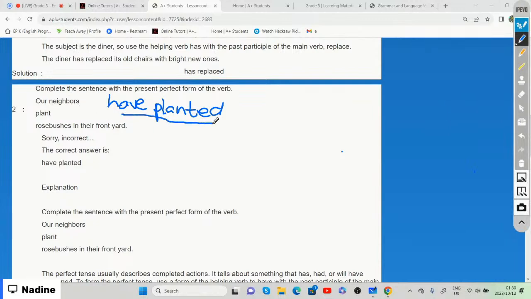Have planted is our present perfect form of the verb.